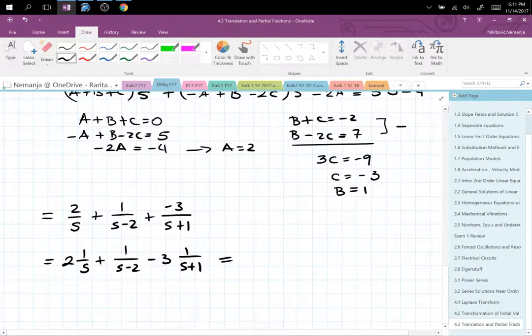So 1 over s transforms into 1, so we have 2, and then plus e to the 2t, and then minus 3 e to the negative t.